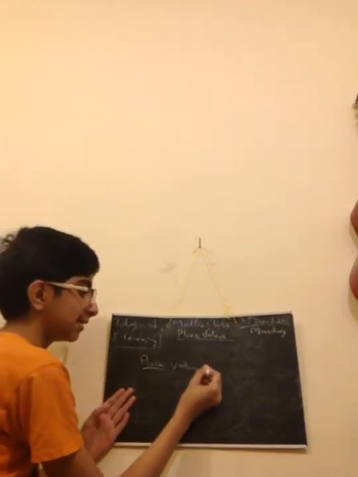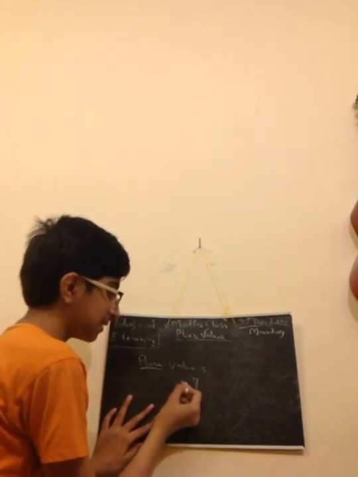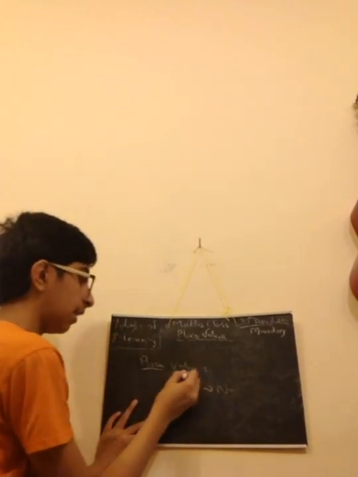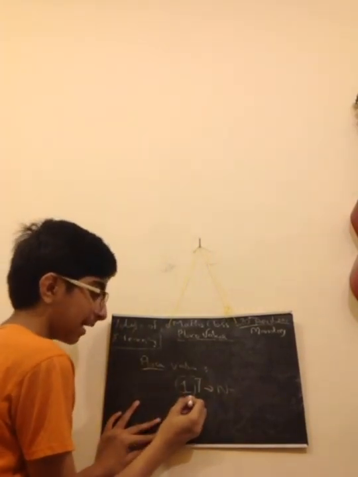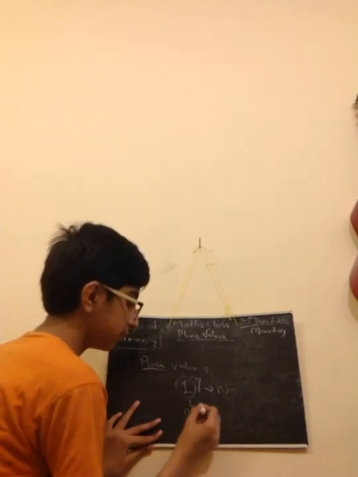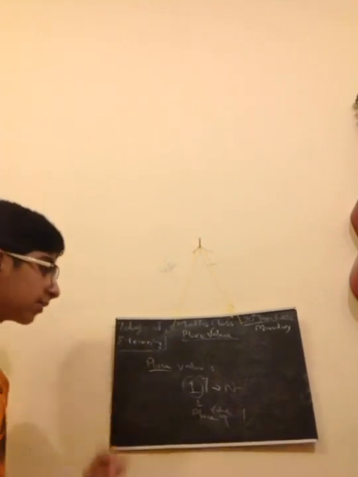So, for example, 17 is the number. Now, 1 is the digit and we can find the place value of it.